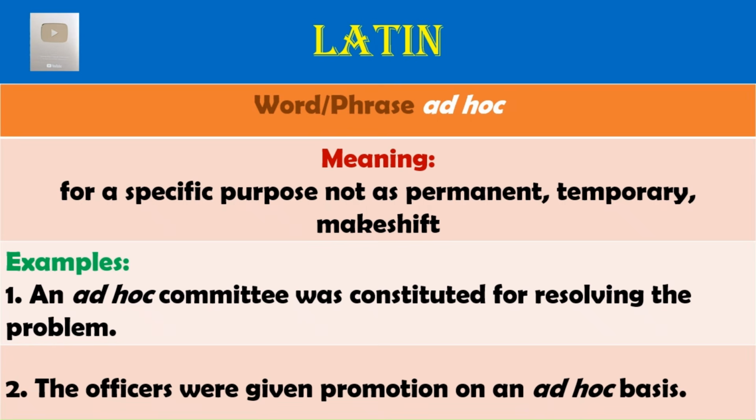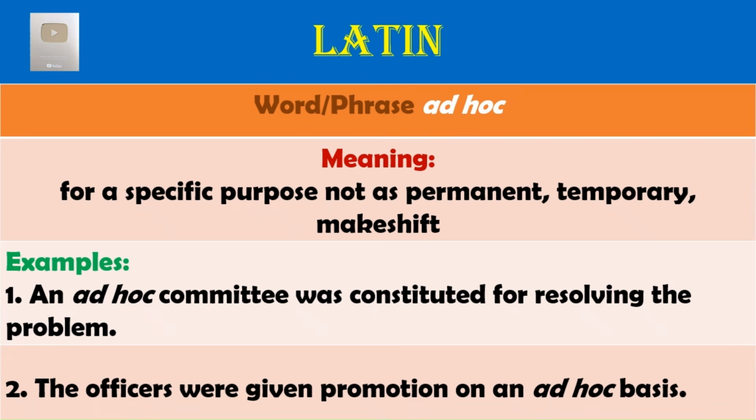Let us begin with some Latin words and expressions which are used in English. The first word is ad hoc. Look at the spelling. AD, there is space, and HOC, ad hoc. Pronunciation, spelling, all these you have to note. Now what does it mean?